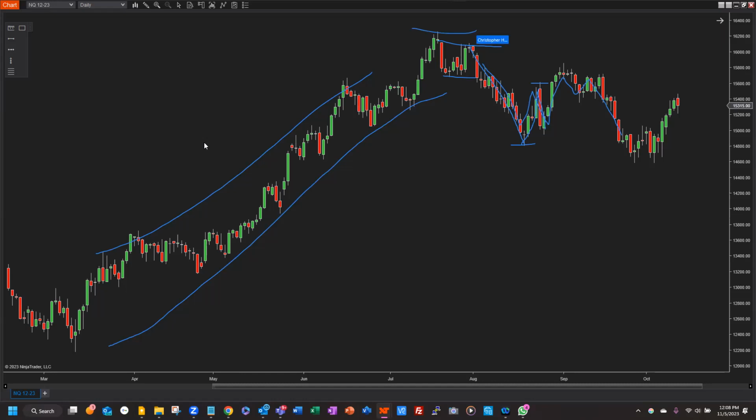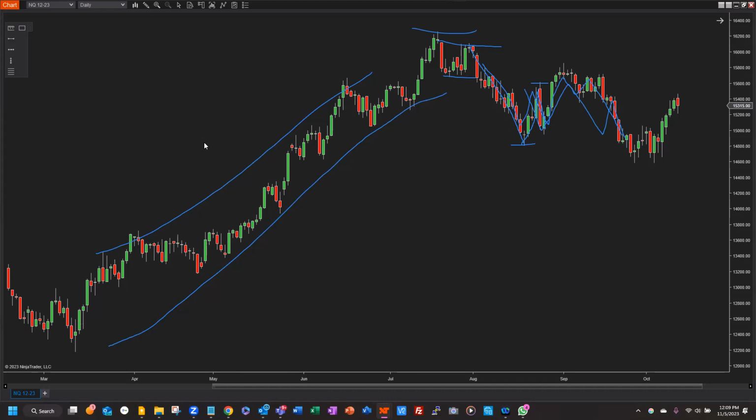Then it started making lower lows and lower highs, but it did not continue that to go back up to continue this previous trend. So this is an area where you will hear us say, oh, the market's just sideways right now.